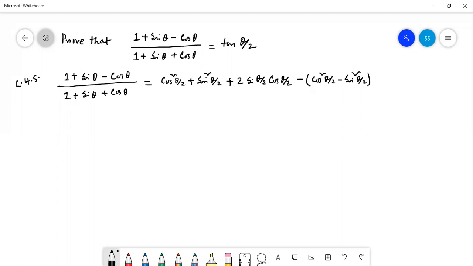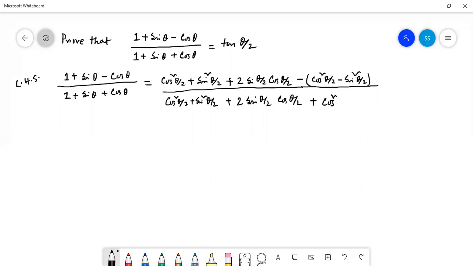As the right hand side is in theta by 2, we are going for the sub multiple angle. Again in the lower half, 1 can be written as cos square theta by 2 plus sin square theta by 2, plus sin theta can be written as 2 sin theta by 2 into cos theta by 2, plus cos theta can be written as cos square theta by 2 minus sin square theta by 2.